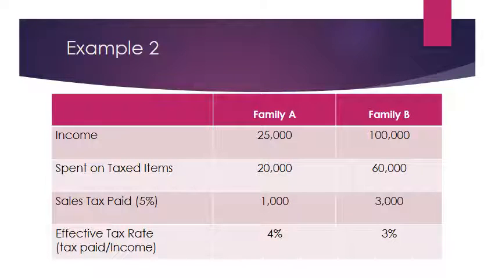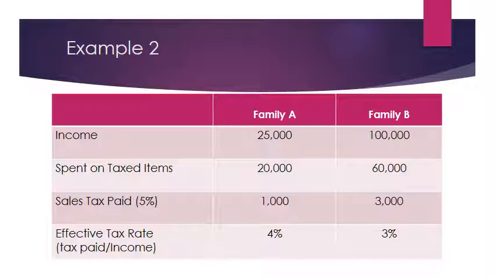Well, let's look at a second example related to sales tax. Here we have two families, family A and family B. Family A has an income of £25,000, whereas family B has an income of £100,000. Both families make some purchases on items where a sales tax is applied.